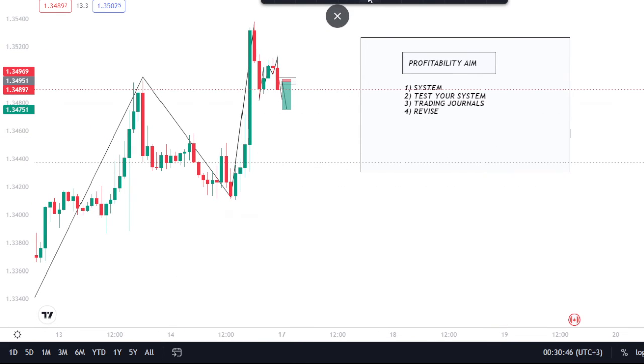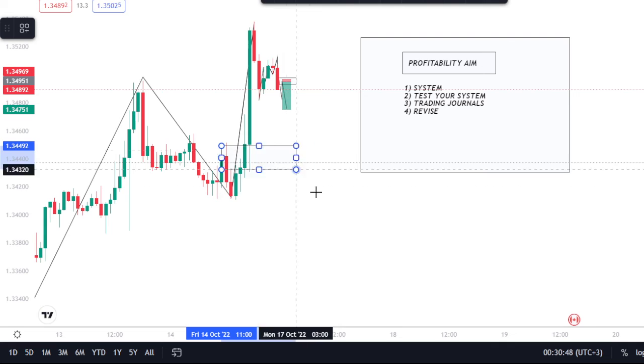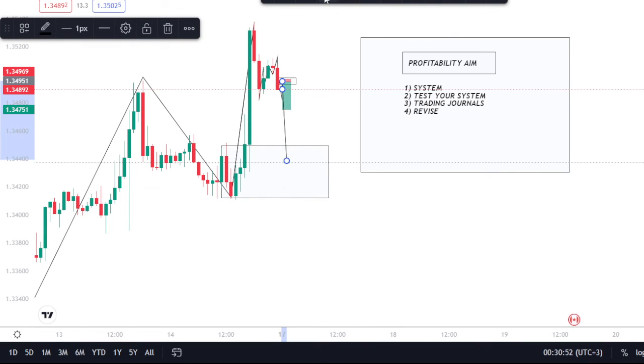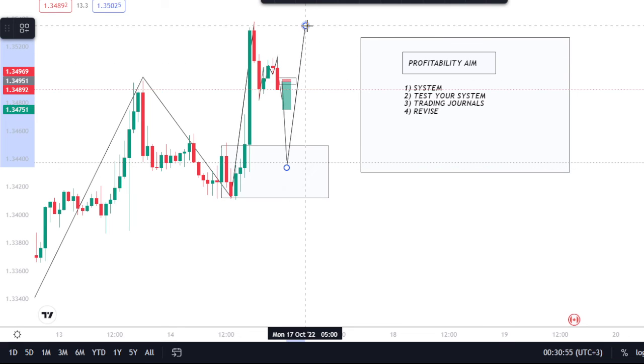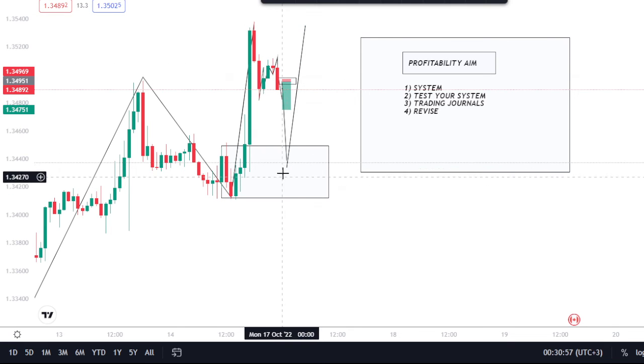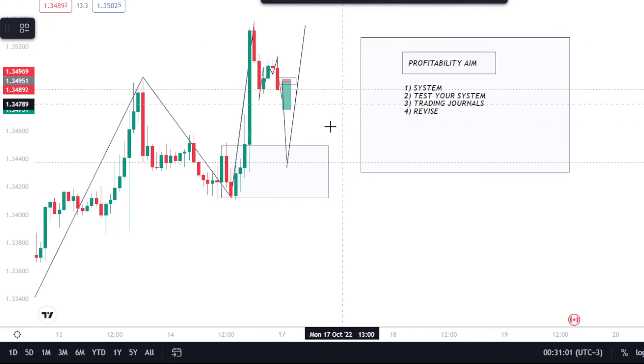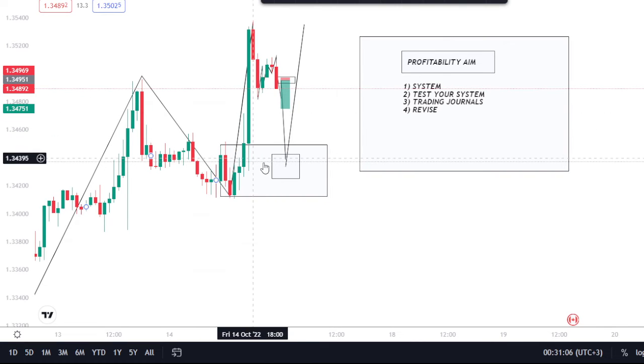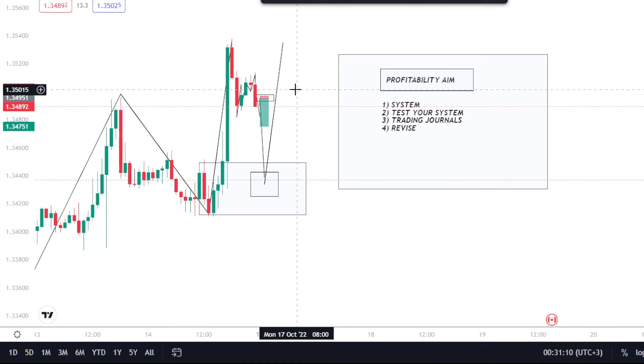Let's say this is where I'm anticipating the market to come and trail to this point until it maybe shifts to the upside. If the market comes and does it and it comes to here, maybe I use any kind of entry strategy that I know, I get involved in this trade, and it's now going to target this next high. If it succeeds, make a journal, take a screenshot, put it somewhere, write it down.